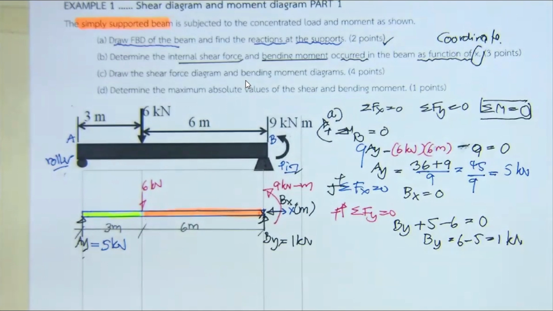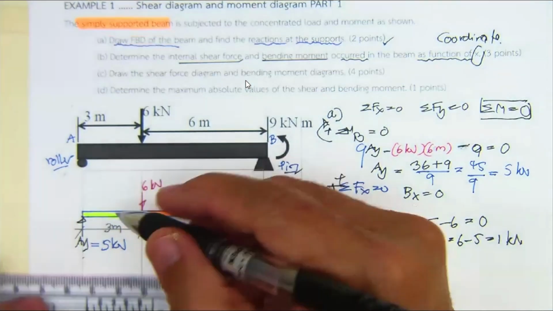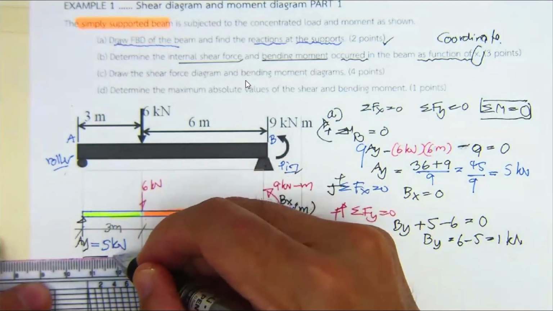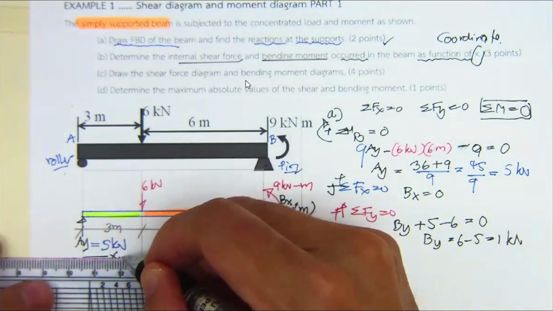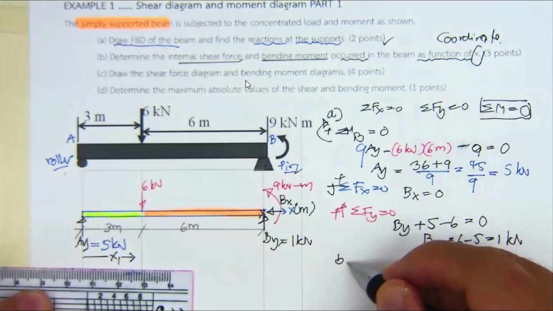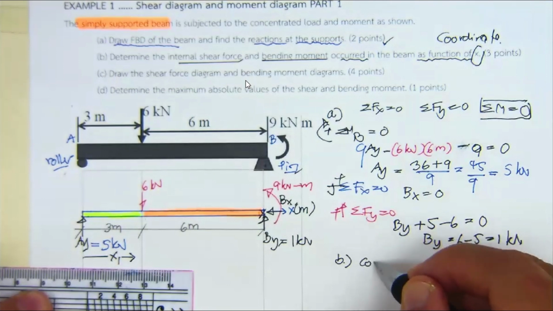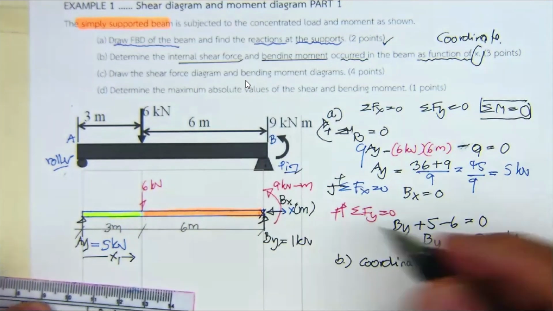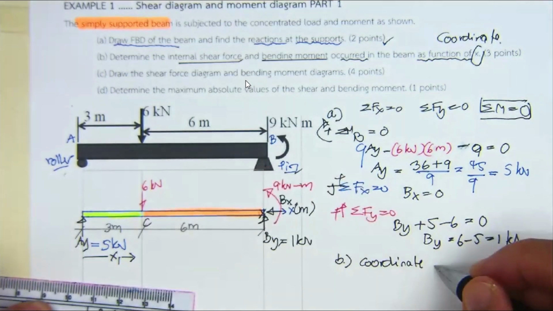So you have to set up your reference x-axis. If you set it, then this is going to be x1, the coordinate from A to C.